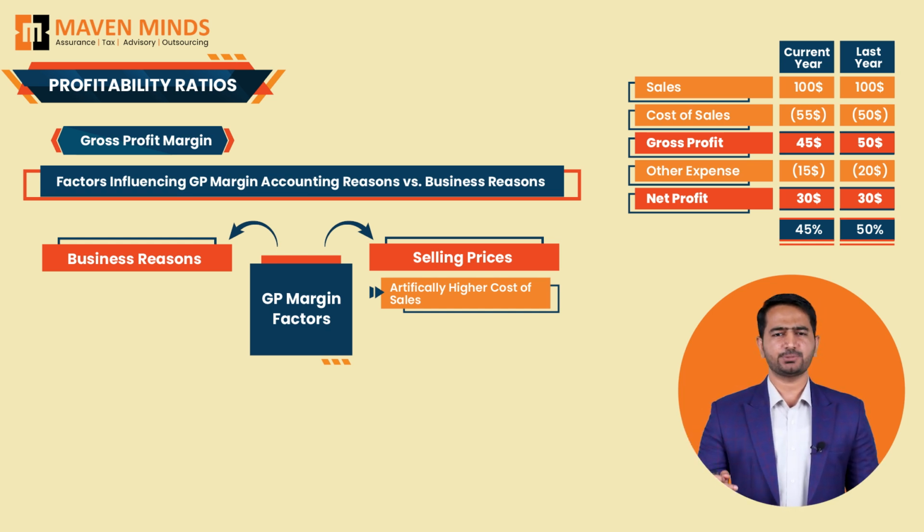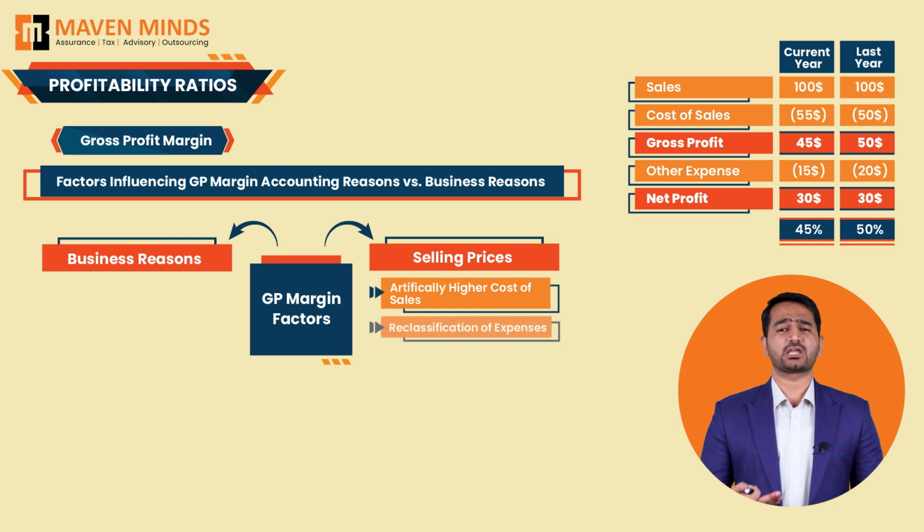This reduction in GP margin might initially suggest a less efficient operation, but one possible reason for the change could be reclassification of expenses. For instance, if certain cost of $5 previously recorded under other expenses is now included in the cost of sales, this would directly impact the gross profit and consequently the GP margin.